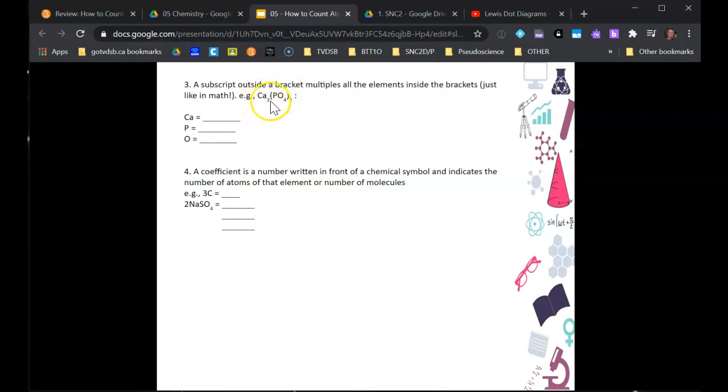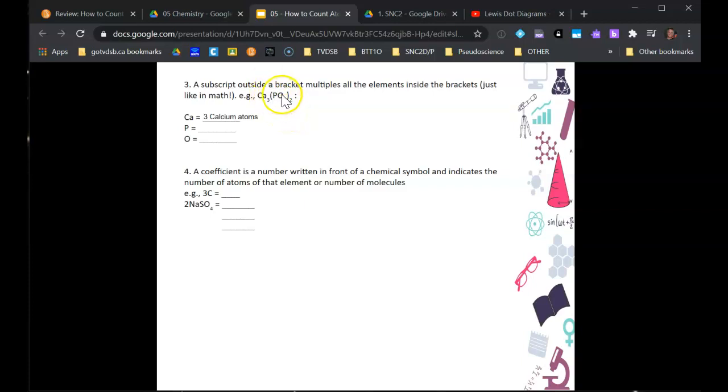It has Ca with the subscript 3, which tells us that we have 3 calcium atoms. Then we have a bracket and a closed bracket, and in between, we have PO with a subscript 4. The P does not have a subscript, so that means we only have one of those. The O has a subscript 4, so that means we have 4 oxygen atoms.